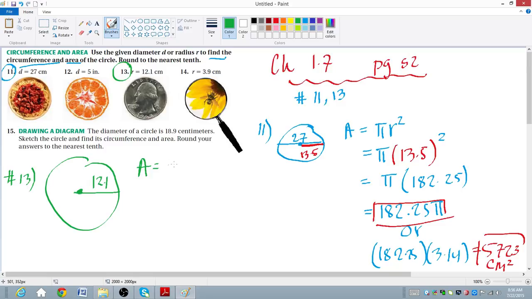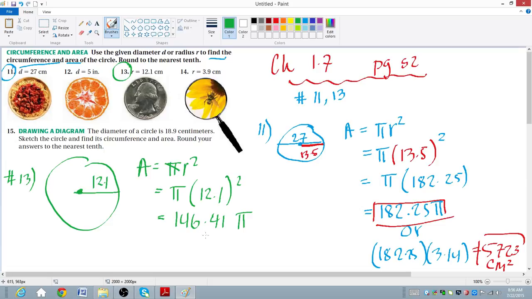Area A is equal to pi r squared, which equals pi times 12.1 squared, and then work that out. So 12.1 times 12.1, I get 146.41. So this is 146.41 pi.